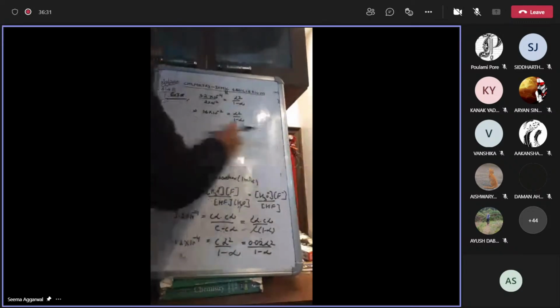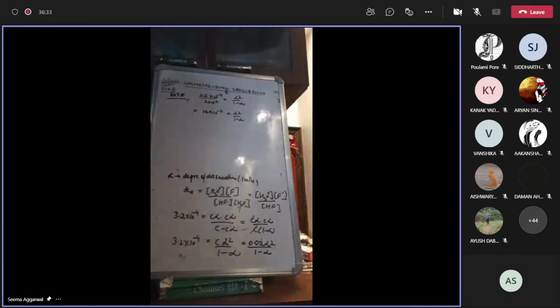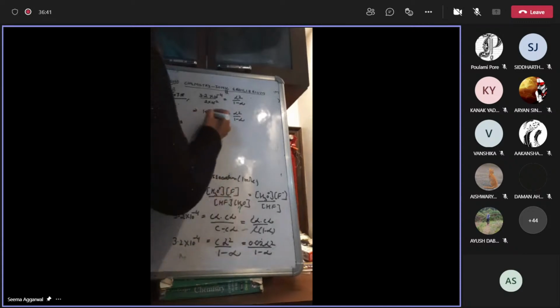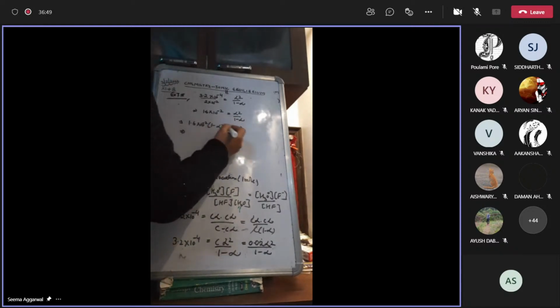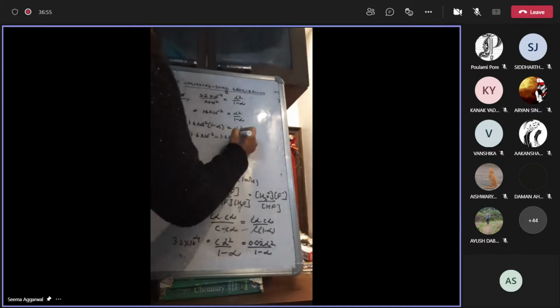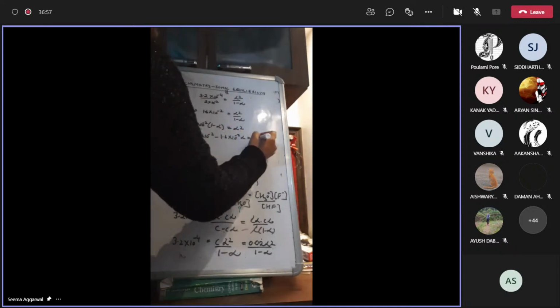Actually, this method is more accurate, but for most students it becomes a little bit tedious. So we can use the shortcut method. I will tell you when to use it. Okay, I am cross multiplying it. 1.6 into 10 raised to power minus 2, 1 minus alpha is equal to alpha square. So 1.6 into 10 raised to power minus 2 minus 1.6 into 10 raised to power minus 2 alpha is equal to alpha square.